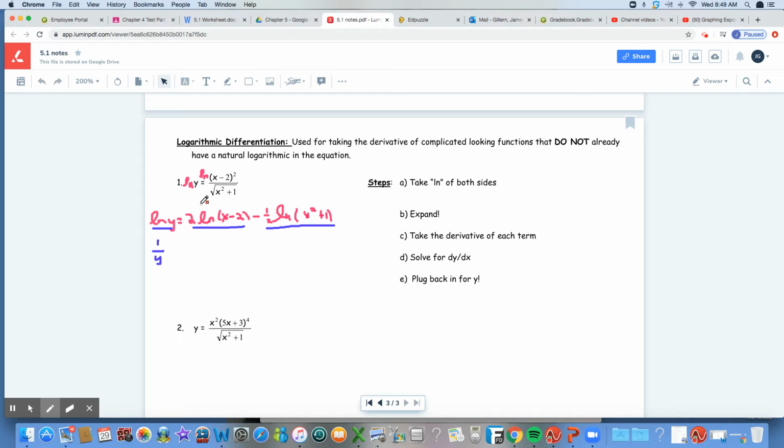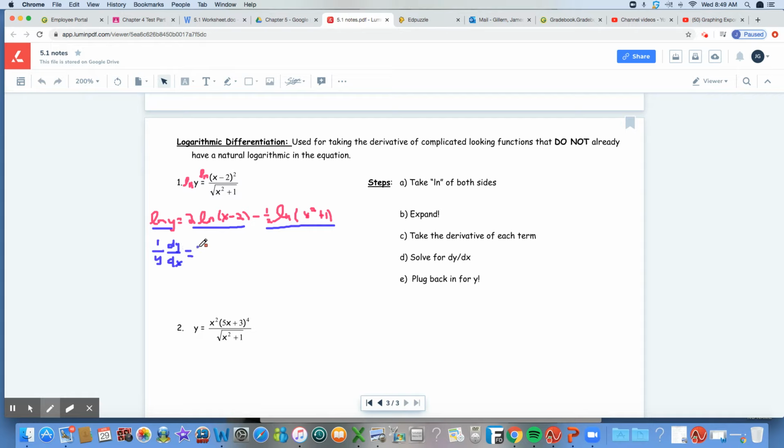But since this is all with respect to x, if we're doing it with y, what do I put after it? Put a dy over dx, which is the derivative we're going to solve for. So it's 1 over y, dy over dx. When you do a logarithmic differentiation problem, this is what you always get on the left-hand side: 1 over y, dy dx.